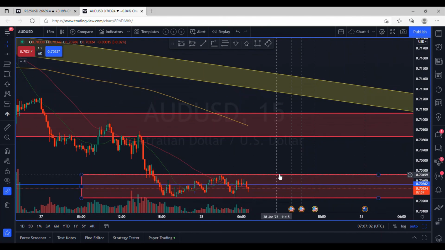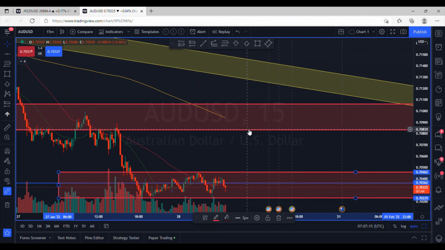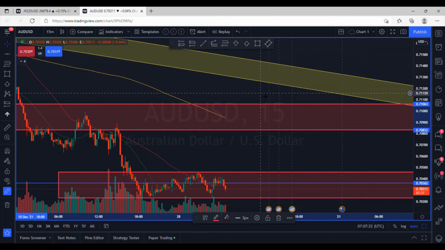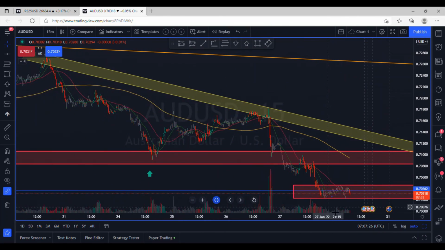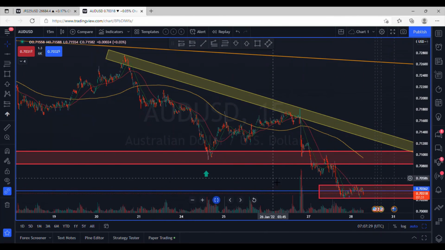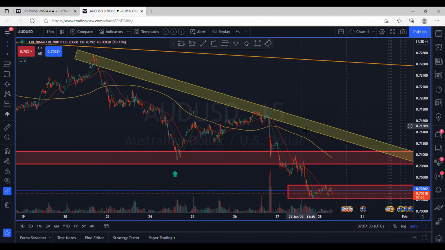So at the moment, there's nothing I would trade with the Australian dollar against the US dollar. You need to wait for a break. So I would probably trade between this and this to start off with. What you might get is a bit of an extension. If the momentum starts picking up, it will extend, but when you scroll out and look at the bigger picture, where it's going to go is obvious to me.